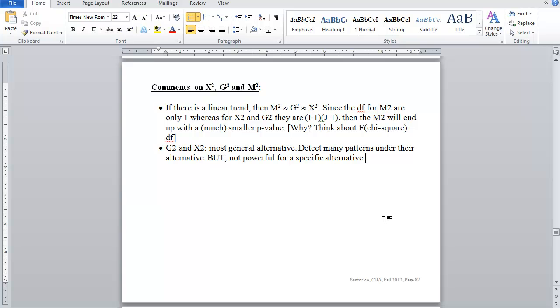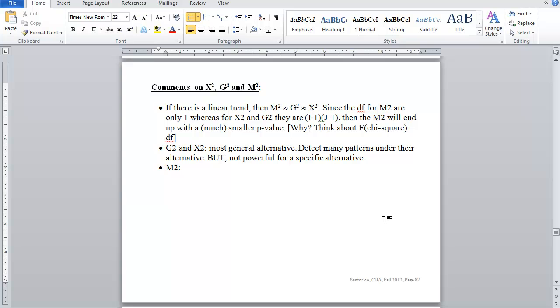Right, so that's going to be the case for a lot of statistics that are geared towards capturing and being robust over lots of different patterns or lots of different alternatives. Right, so that's a great thing to have because you could catch a lot of things, but if you really expect or are looking for a specific type of pattern, then you might be better off looking at the kind of statistic that's powered to find those.